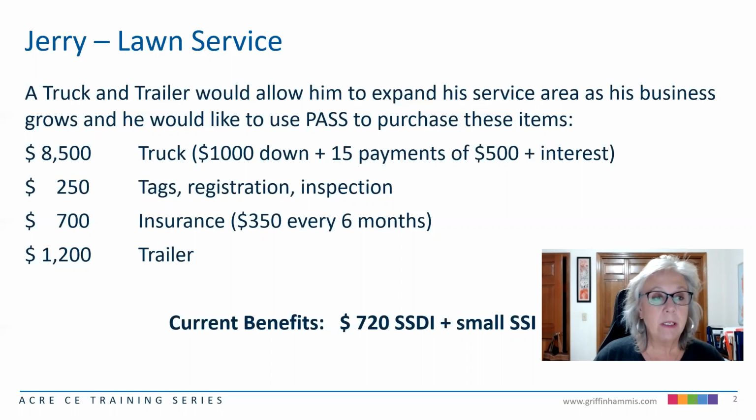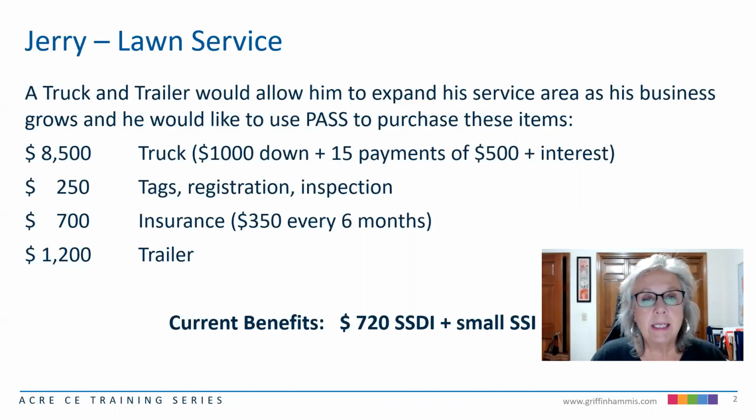So what Jerry could use is a truck, and he's calculated that the truck will cost approximately $8,500, and it will require a $1,000 down payment, plus about 15 payments of $500, which includes some interest.